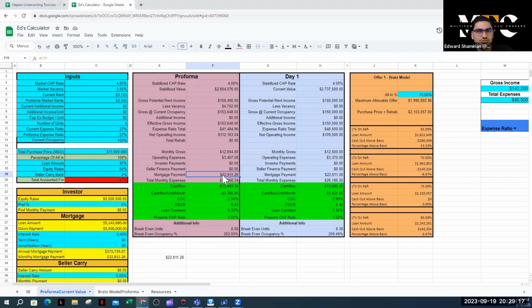Obviously I would not like to, and I would suck. But if you change something and I see something wrong, I know where it came from. That's how familiar you want to be with whatever calculator you're using. The more you study that, the faster you'll be able to underwrite deals.